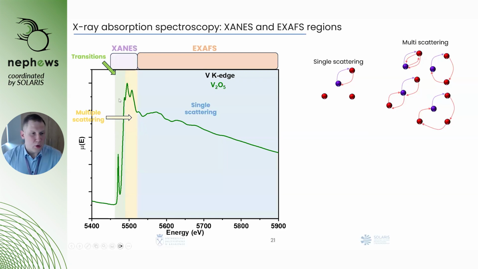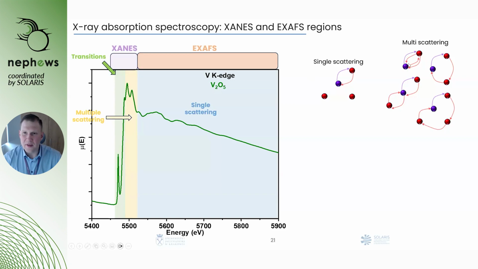And if we look precisely again at the XANES and EXAFS regions, we could see that in the XANES region, we actually analyze what is going on with the electron when it travels inside the atom, so it corresponds to the transition between the core level and unoccupied states, and also multiple-scattering events.